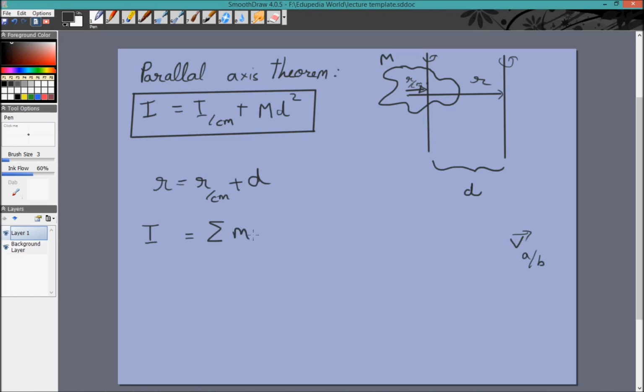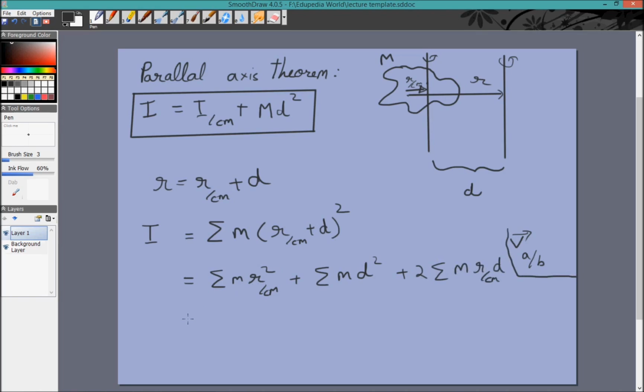Summation m will add up to M if the other things are the same. In this case, this will be R with respect to center of mass plus D whole squared. Right, we can expand it. A plus B whole square is A square plus B square plus 2AB. So this gives me summation of mass times R with respect to Cm squared plus summation of mass and D squared plus 2 times summation of m R with respect to Cm D.